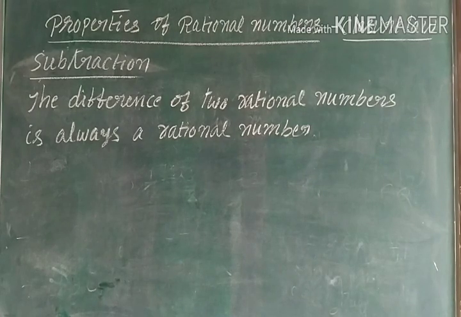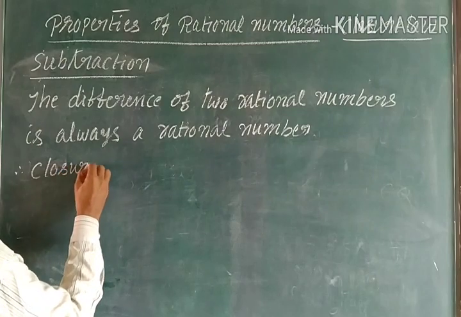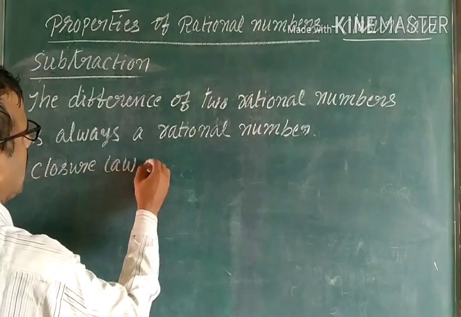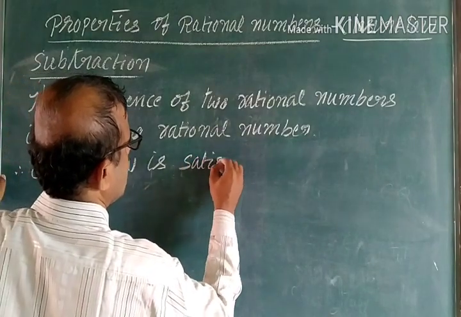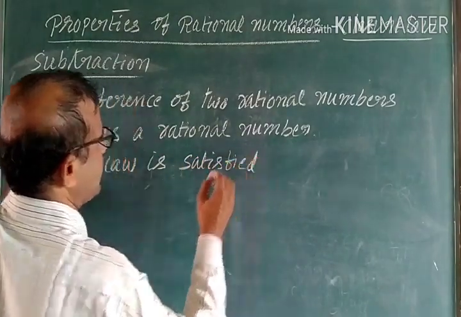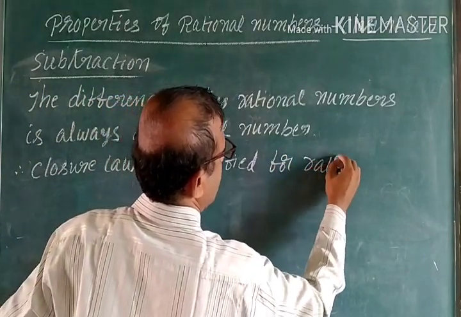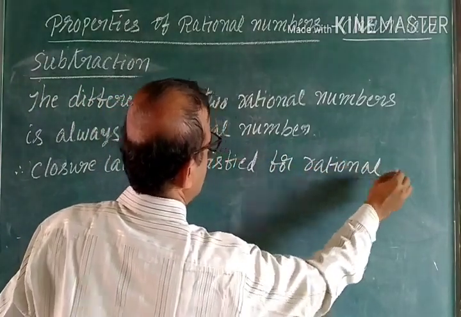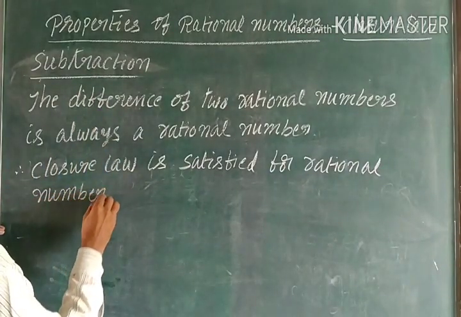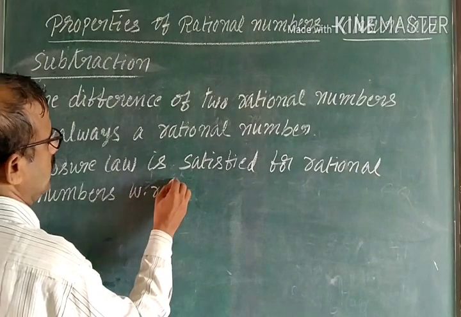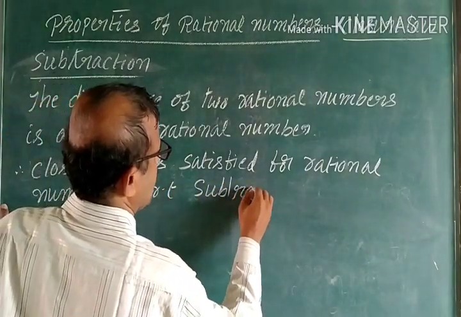Therefore, closure property or closure law is satisfied. Closure law is satisfied for rational numbers with respect to subtraction.